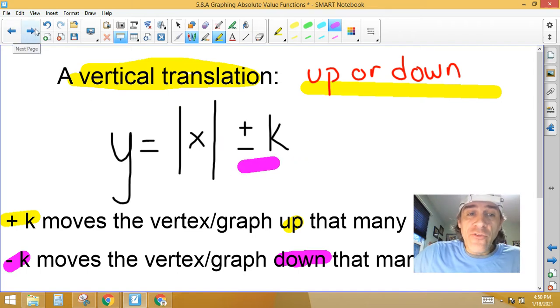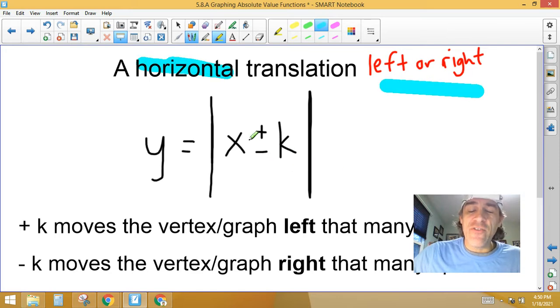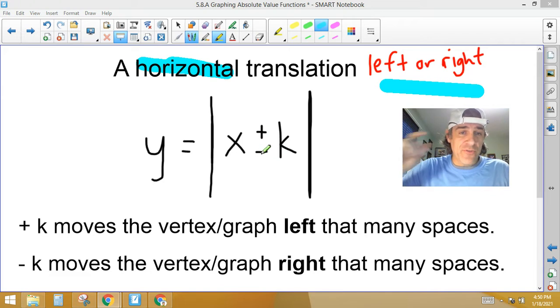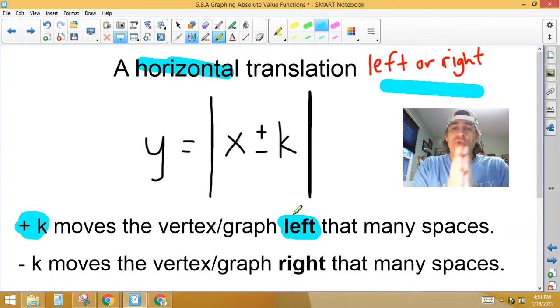A horizontal translation moves it left or right. And this is where it's a little bit tricky. We do add or subtract inside the absolute value bars. But when you add k inside the absolute value bars, it actually does move it left. That's not a typo. It moves it to the left that many spaces.